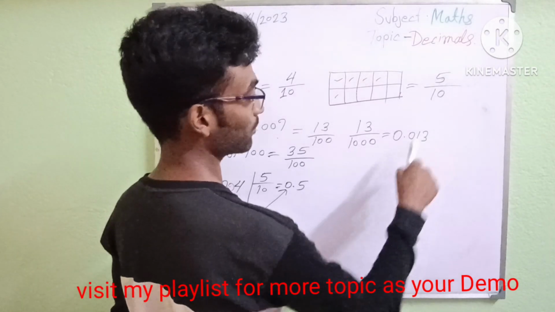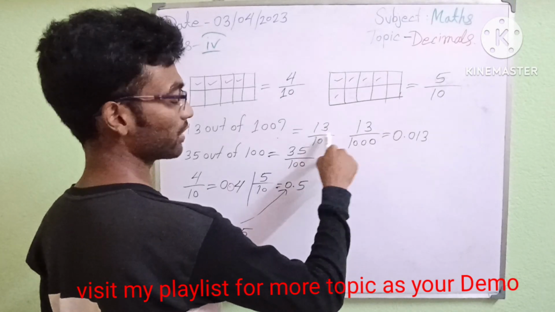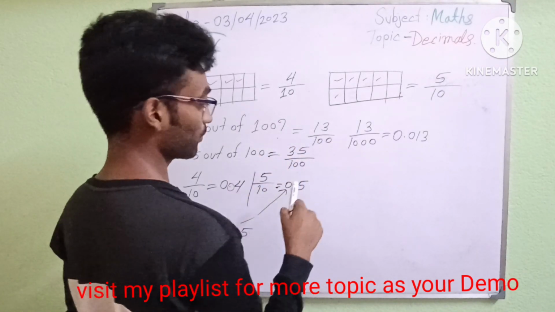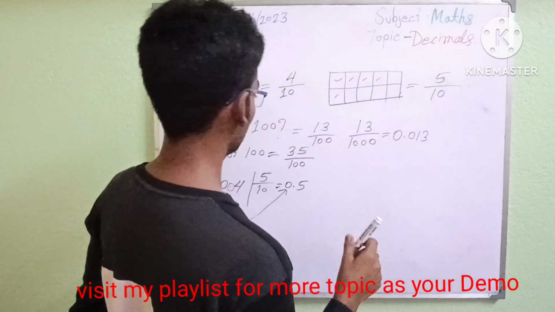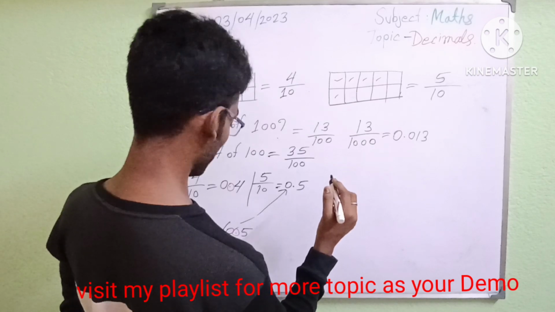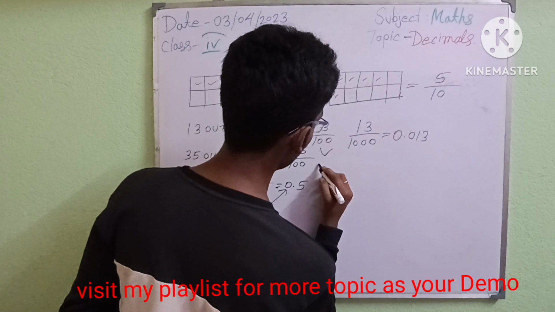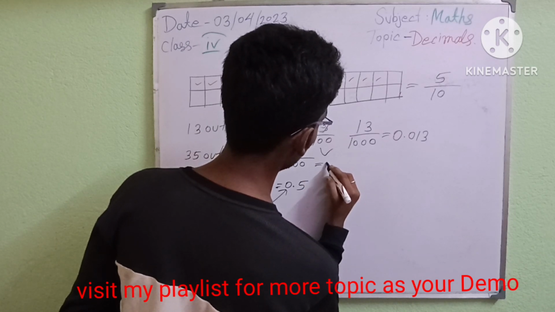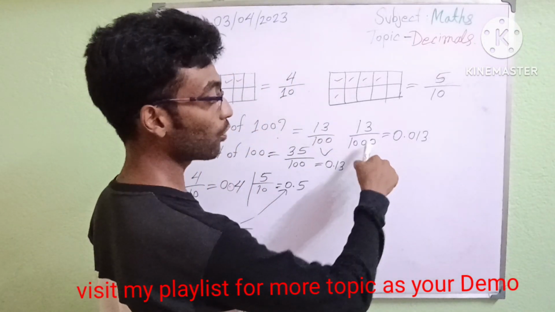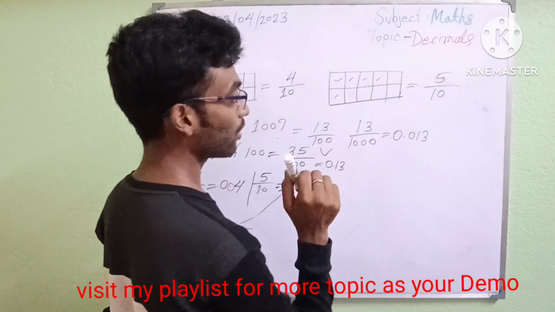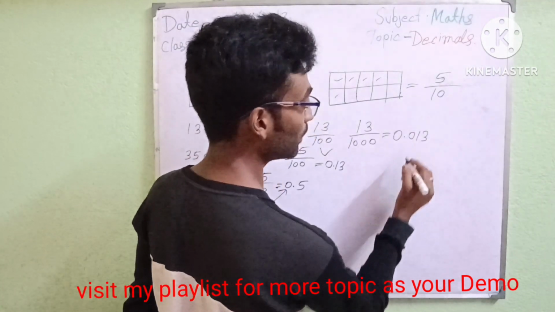Because when the denominator was 100, we can simply write 13 by 100, and as a decimal we can write it as 0.13. But whenever we have one more 0, then it will be 1000s, and for the 1000s we will keep a 0 after the decimal point.